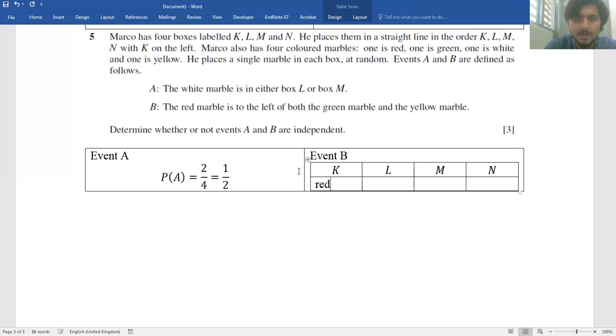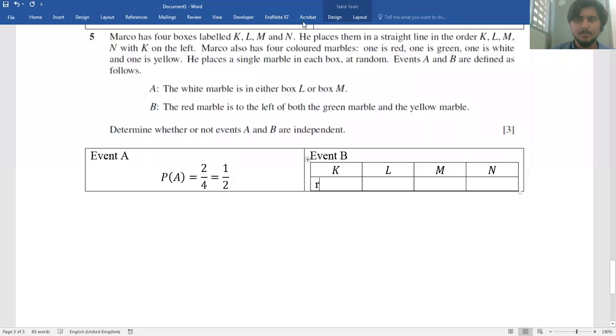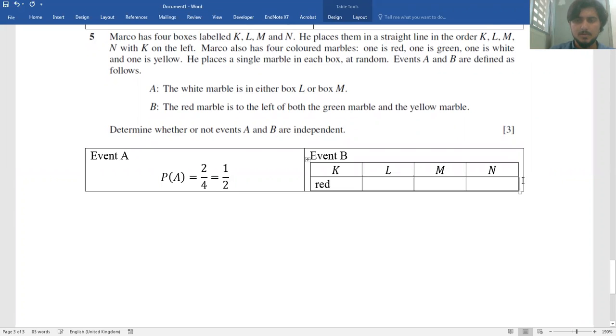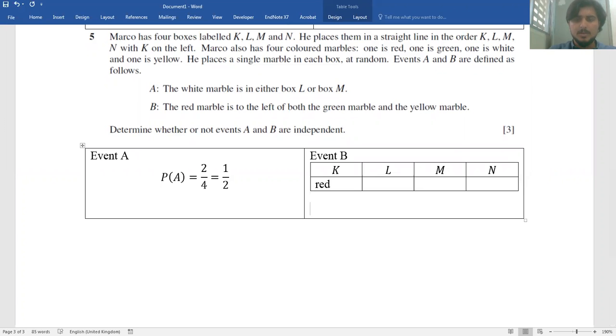Let's try to simplify it. If we keep red in the first one, then the three marbles can be arranged in any way. That will be 3 factorial, which is 6.